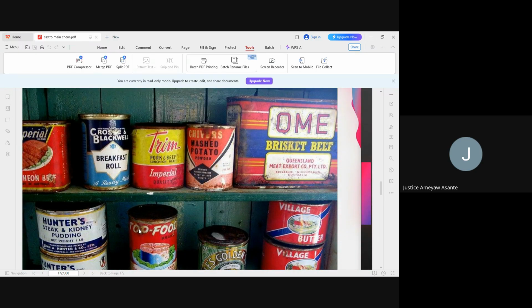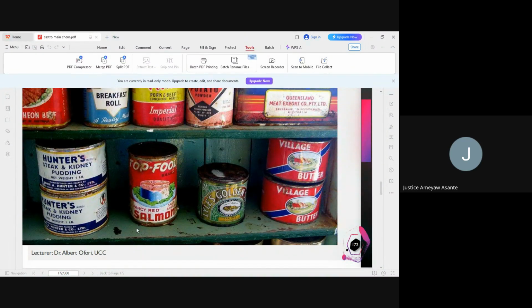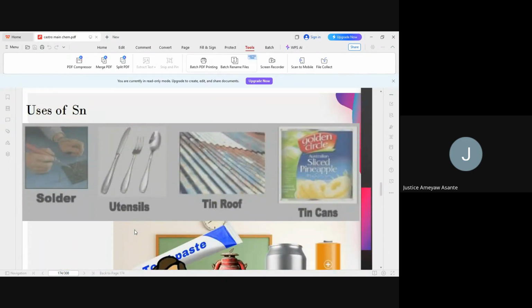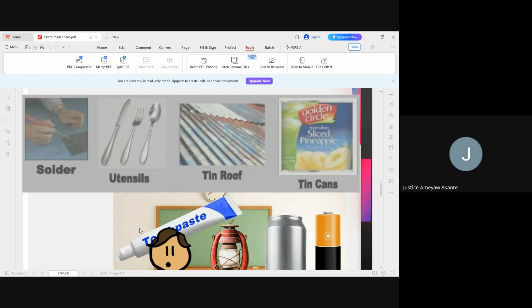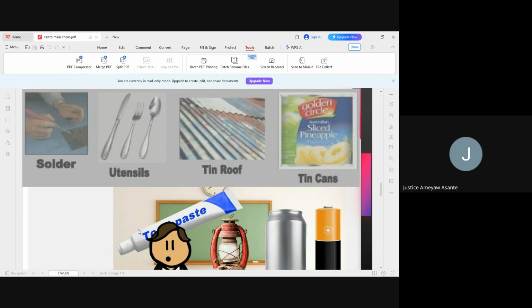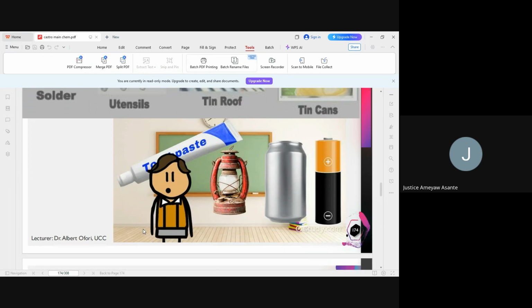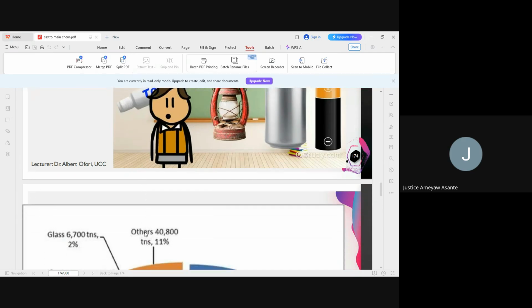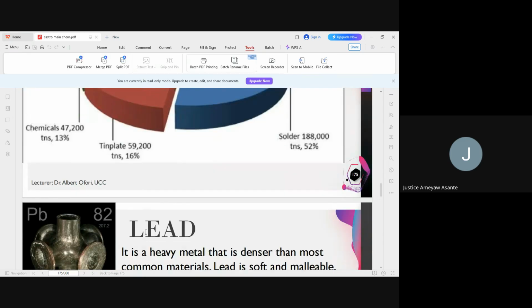All these things are made of tin containers. Uses: solder, utensils, refill sheets, tanks, toothpaste containers, tin bulbs, batteries, and a lot of others.